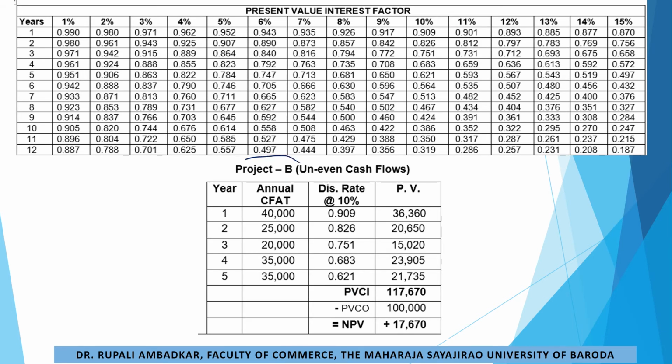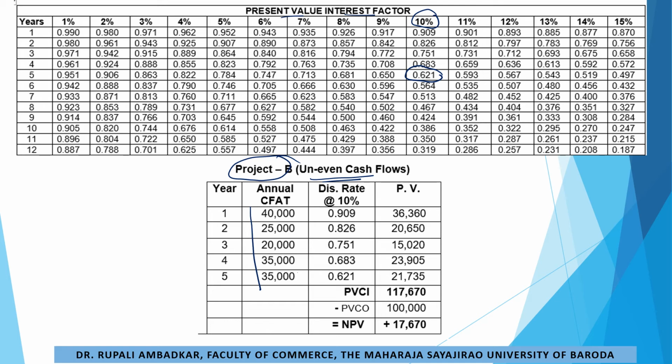So let us look at project B, which has uneven cash flows. The cash flows are different each year, so we will have to use the present value interest factor table, where each year the present value is different. The discounting rate which we are going to use is 10%. For example, in the 5th year, if we receive 1 rupee at the end of the 5th year, its present value will be 62 paisa at a discounting rate of 10%.